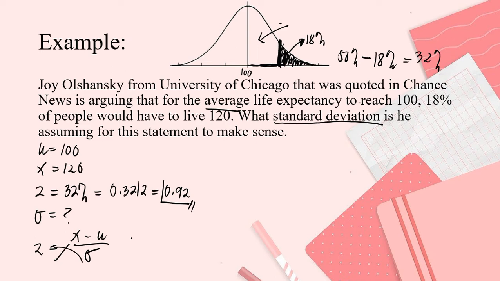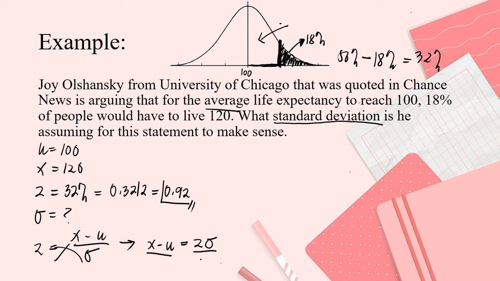So, cross multiply, it will become Z times SD equals X minus mean. Tama? Then after that, since you're solving for the standard deviation, kailangan standard deviation na lang matira dito.